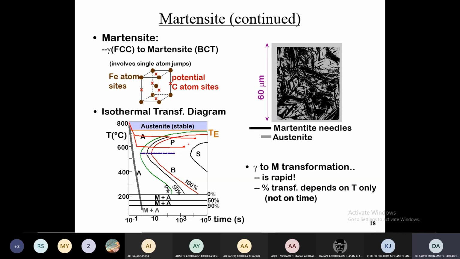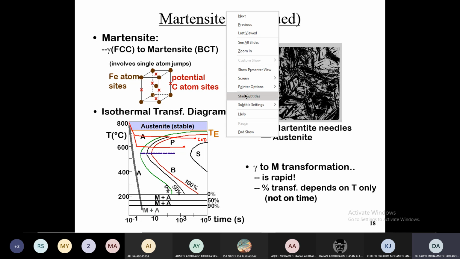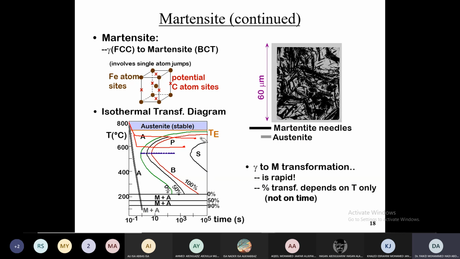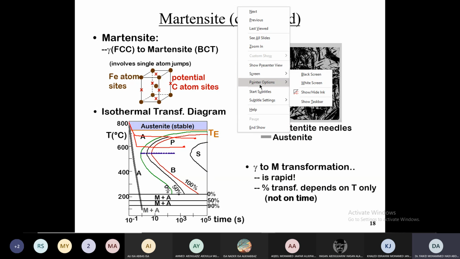Of course there is a difference between this pearlite and that pearlite. This one develops coarse pearlite, as we said, coarse. Spelling. My goodness. So okay, we have coarse pearlite there.